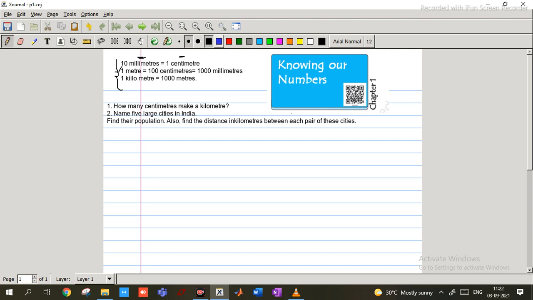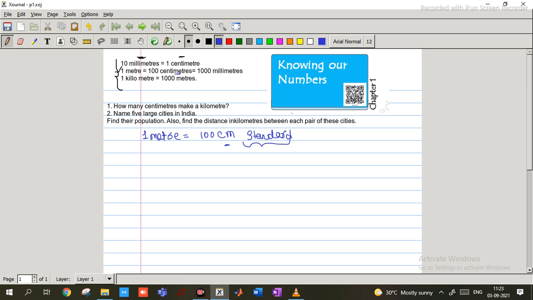If I say 1 meter is equal to 100 centimeter, we can write it in this way. This is a standard limit that has been fixed so that we measure the scale and understand how we measure the scale, right?